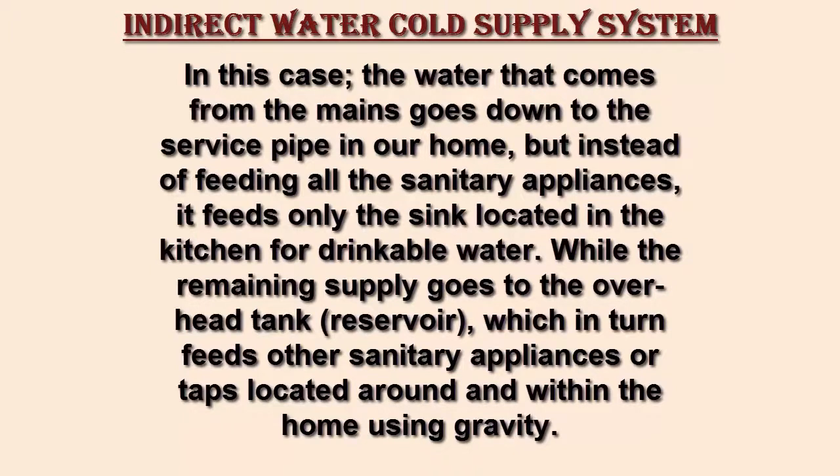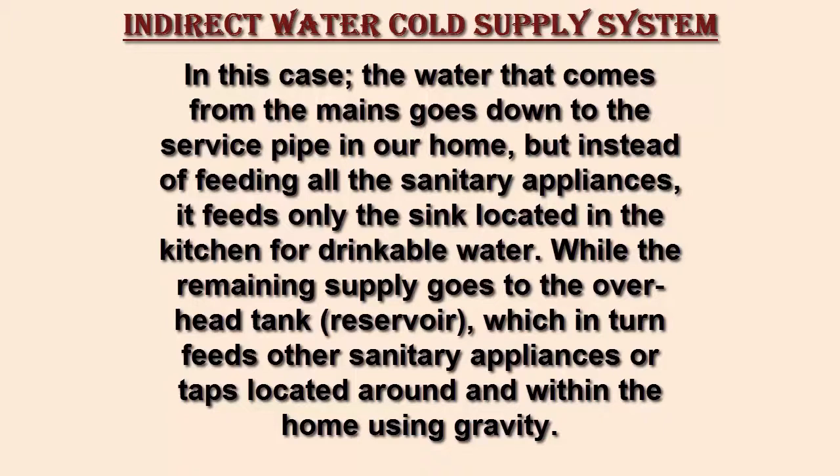The service pipe from the main only supplies the drinkable water from the sink. But for any other sanitary appliances, any other water tap, the water is now pumped to a system.